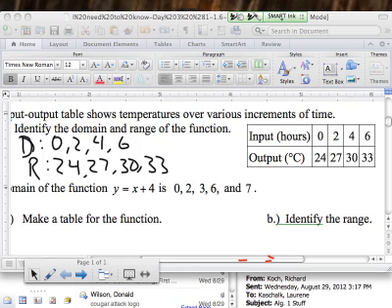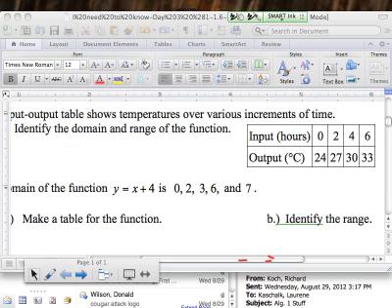You would not say 24 to 33 because 25 is not an output of the function. All right, so just 24, 27, 30, and 33. All right. So that should be pretty straightforward, guys. When you're talking domain and range, look at your inputs, look at your outputs, and then those are your domain and range.